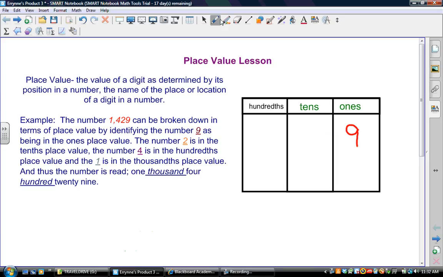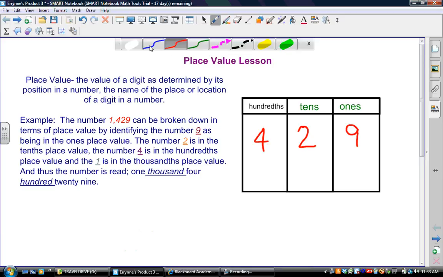The number 2 is in the tens place. So we're going to write the number 2. Boys and girls, you can follow along with me in your notebooks. I have put this chart in there for you as an example. The number 4 is in the hundreds place value.